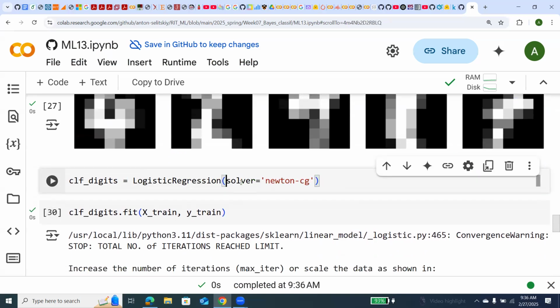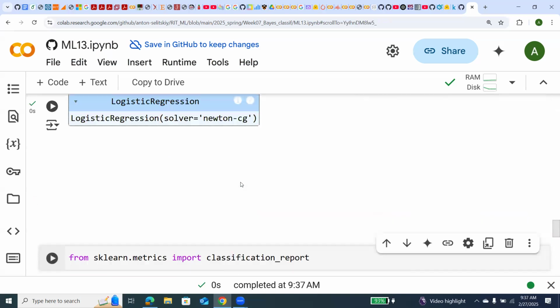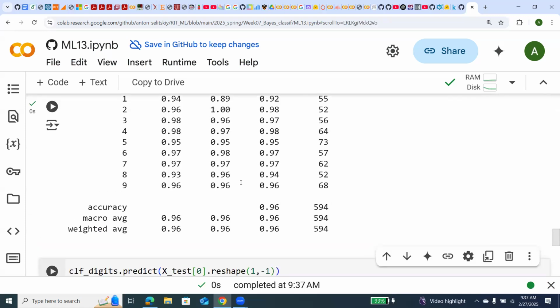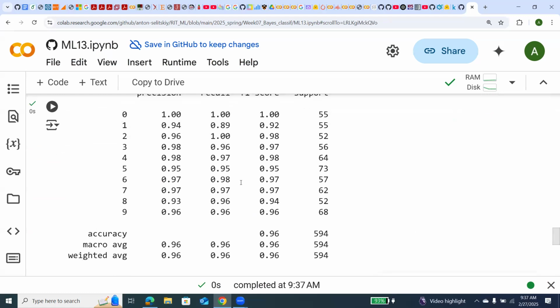If you look at the function description, there are different numerical optimizers. So in this case, Newton optimizer will work better. So you can see that it converges. And then the result of classification here, so we can see that data set is pretty balanced.